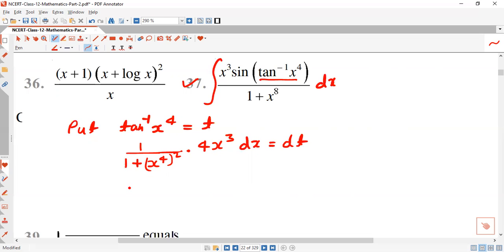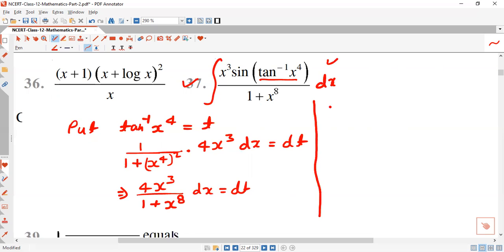Simplify this. It says 4x cube upon 1 plus x raised to 8 dx equal to dt. So this integration becomes the integration of sine t, and x cube dx upon 1 plus x raised to 8 becomes dt by 4.